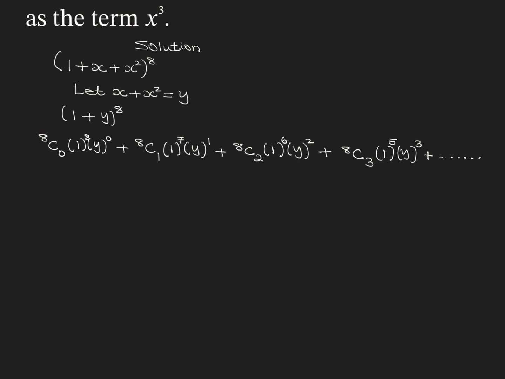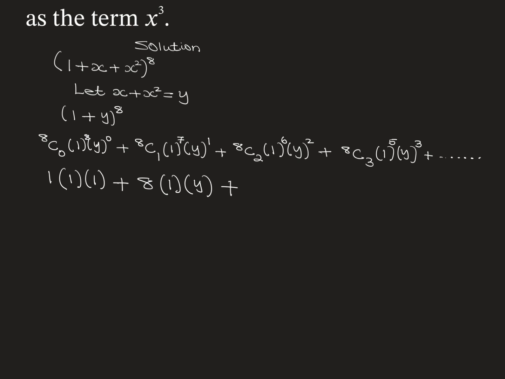So with this, we can expand. 8 combination 0 is 1 into 1 to the power 8 is 1 into y to the power 0 is 1. Then plus 8 combination 1 is 8 into 1 to the power 7 is 1 into y to the power 1 is y.